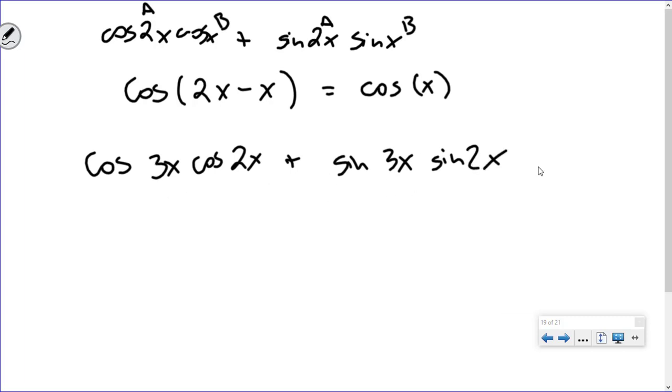Again, if you try to expand this thing, it'd be a mess. It'd be this huge, monstrous thing that eventually would simplify to give you cos x, right? So if you can recognize it as this identity right away and just do 3x minus 2x, oh great, there's my cos x. Is that okay?